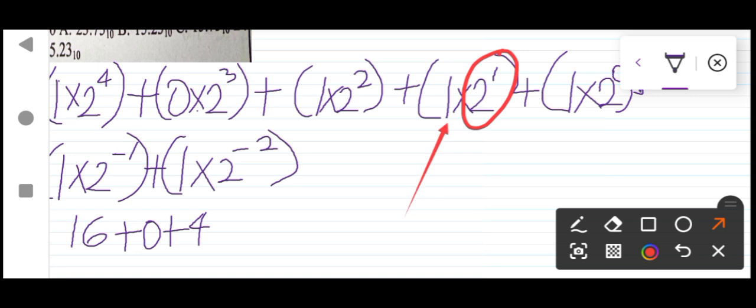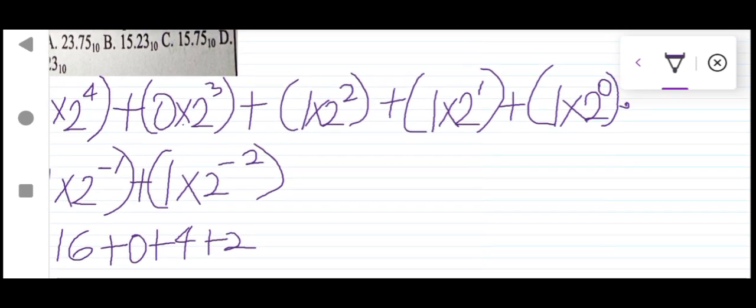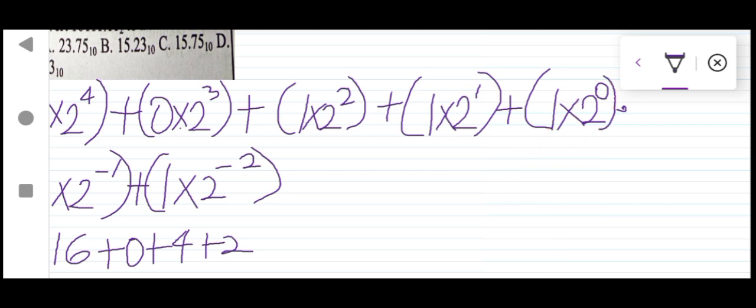Then 1 multiplied by 2 is 2. So we have plus 2. Now we have the next value, which is 2 power 0. Now take note, any value raised to power 0 is always 1, and 1 multiplied by 1 is 1. So we have plus 1.